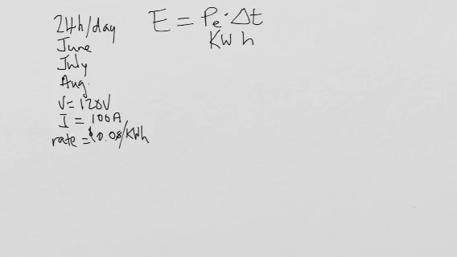Now, the first thing we've got to do when we see a problem like this is figure out our time. We can do that based on the information we were given. We were told that the air conditioner is going to run 24 hours a day, and for the months of June, July, and August.